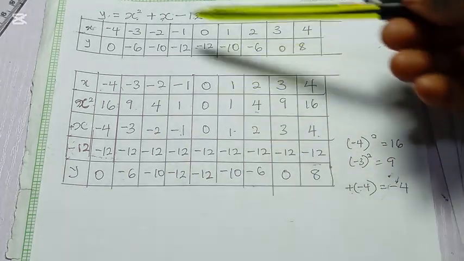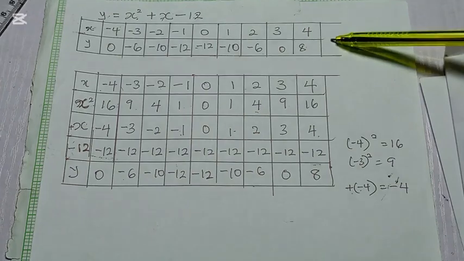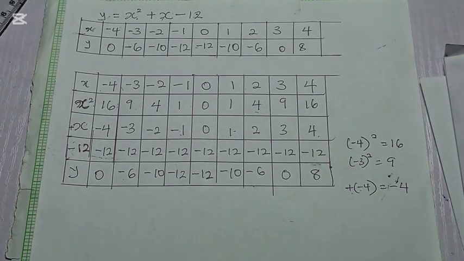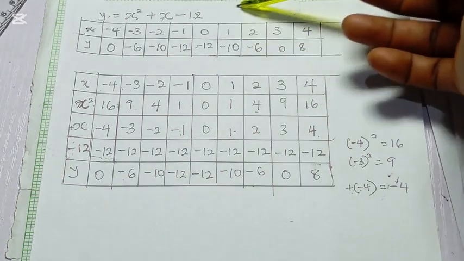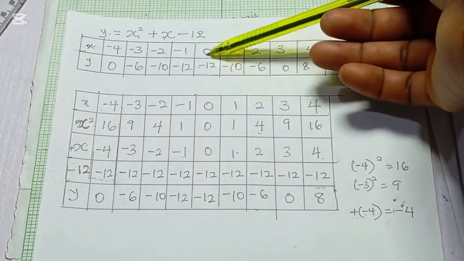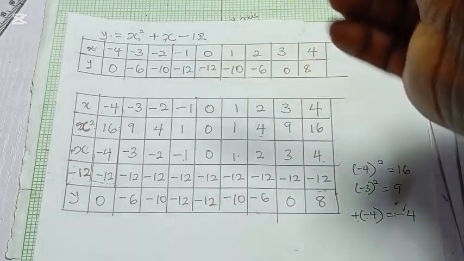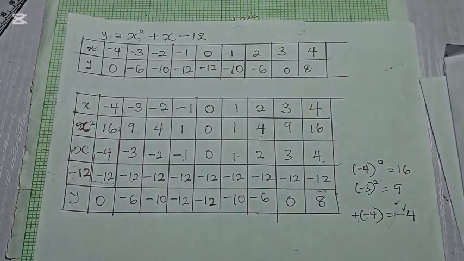When you see the x values, you can see here we have minus 4, and here we have 4. That simply means I can draw the y-axis at the middle, because the y-axis follows through the path 0 here. Once I draw it at this point, it gives equal space both on the right and on the left.